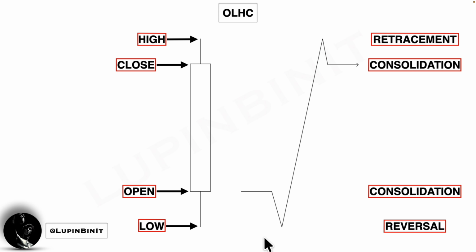So to elaborate, here is a bit more of a descriptive schematic for an open, low, high, close. So you have your open, low, high, and then close. Schematic beside it showcasing how the open and the close being a consolidation, the low being a reversal, and the high being a retracement.